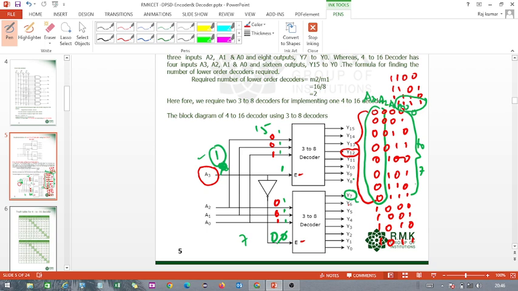Okay, so this is how a decoder works. If you want to implement a higher order using lower order, this is how it works. I hope you have understood.